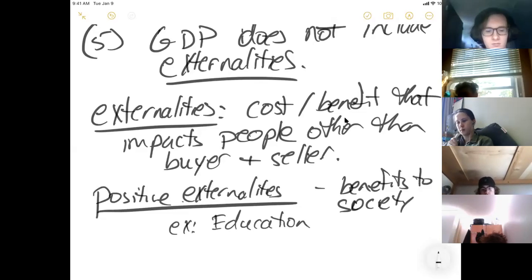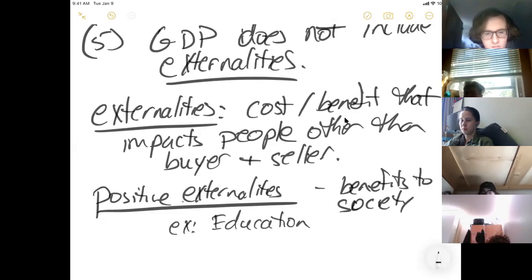Having a better education benefits you, but hopefully it will also benefit the people around you, because you will be a better citizen, you will help people create ideas, and you will make more informed choices for your family and for your children. There's a lot of strong evidence that education creates a lot of positive externalities, benefits that accrue to people other than just you.